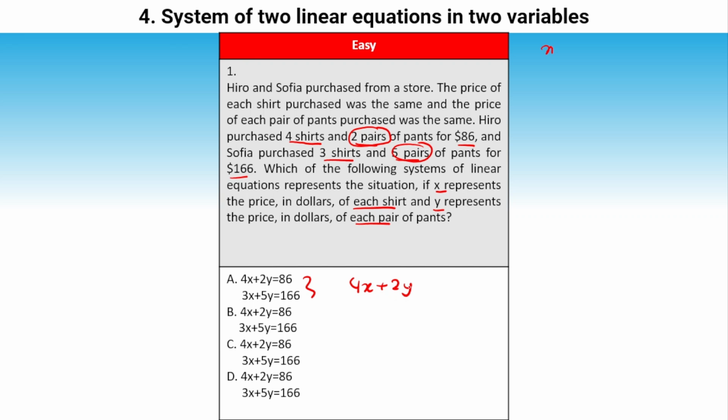What is y? y is each pair of pants, equals 86 for Hero. And for Sophia, 3 shirts plus 5, that's 5y, equals 166. Simply the answer is A.